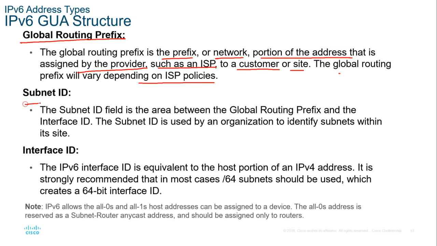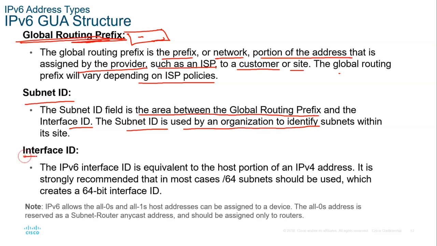Then we have the subnet ID, the field between the global routing prefix and the interface ID. The subnet ID is used by an organization to identify subnets. So once the prefix is assigned by the service provider, the subnet ID is available to be used by the organization to identify the subnets.